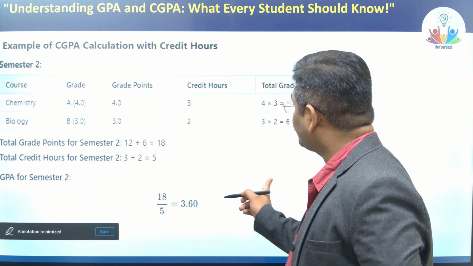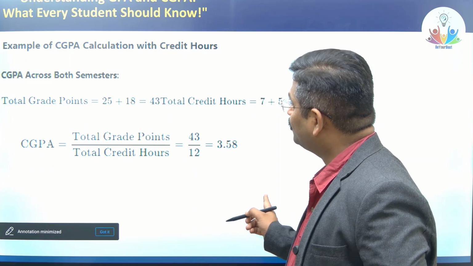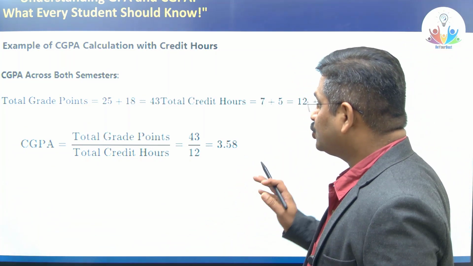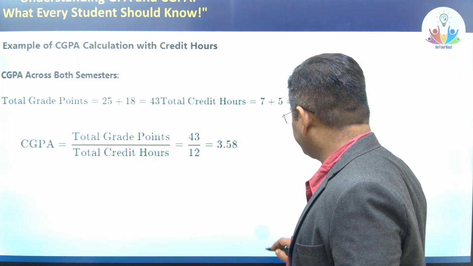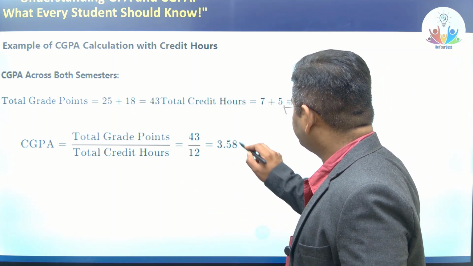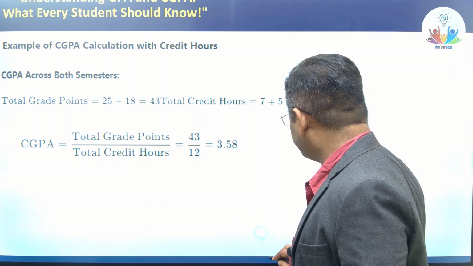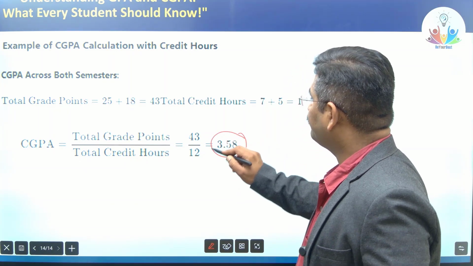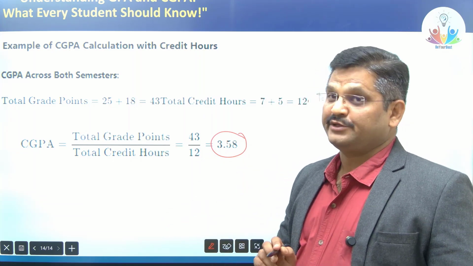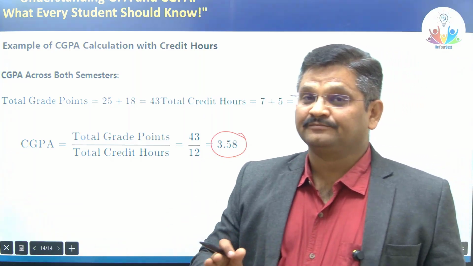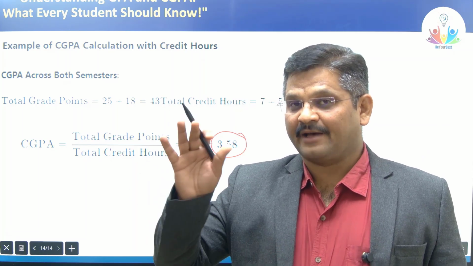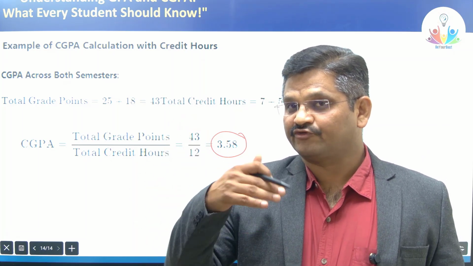If we want to calculate the CGPA for the particular student, semester number 1, semester number 2, and total credit hours, this is the actual score of the CGPA for the particular student, that is a 3.58 CGPA. The CGPA is your overall performance throughout; in the American system it is out of 4.